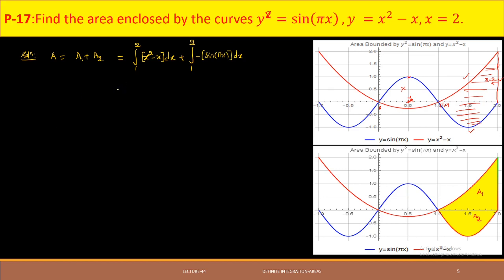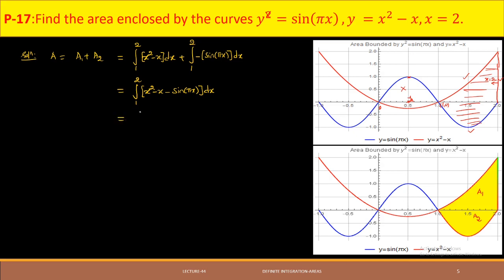So this is equal to integral 1 to 2 of x square minus x minus sine pi x dx. Of course we can apply result 3 also, but anyway I have used fundamental rules to evaluate the area.